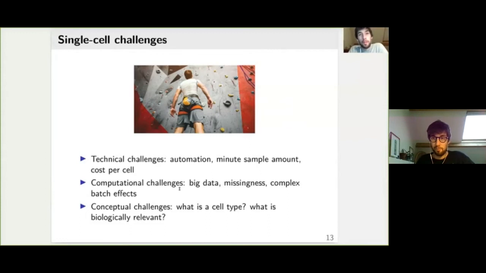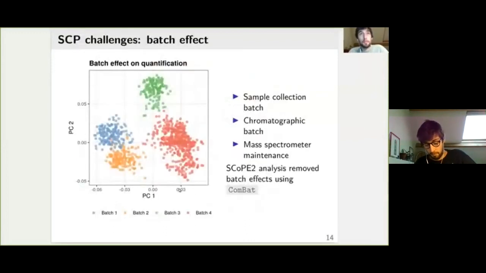Coming back to the computational challenges, I talked about missingness and complex batch effects. This is true for other techniques, but I want to show you more in practice what those look like on single cell proteomics data, again taking the scope 2 data set. First, batch effects. They can be caused by different factors.